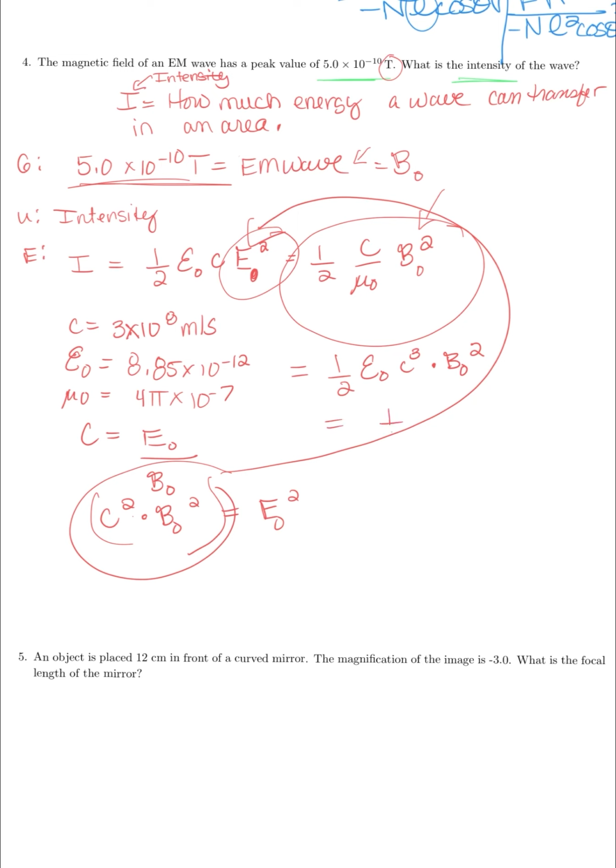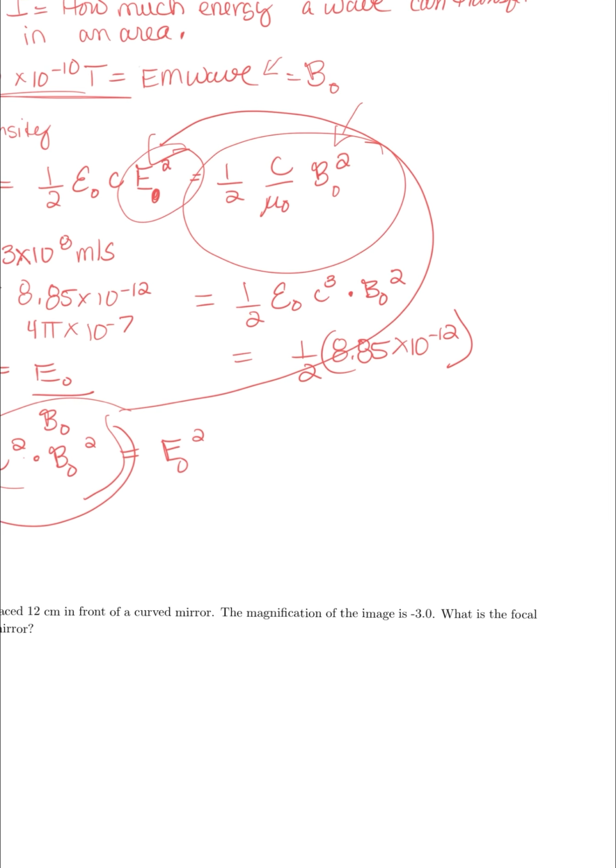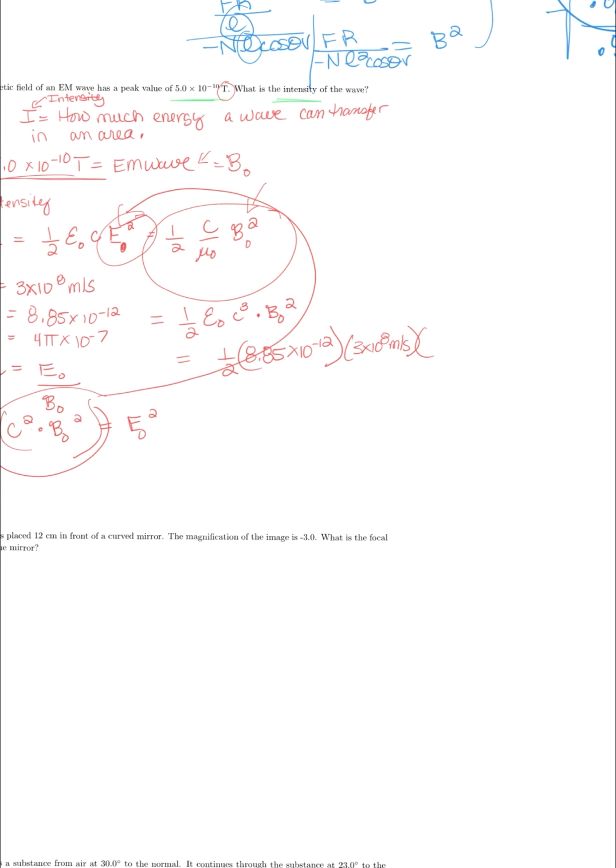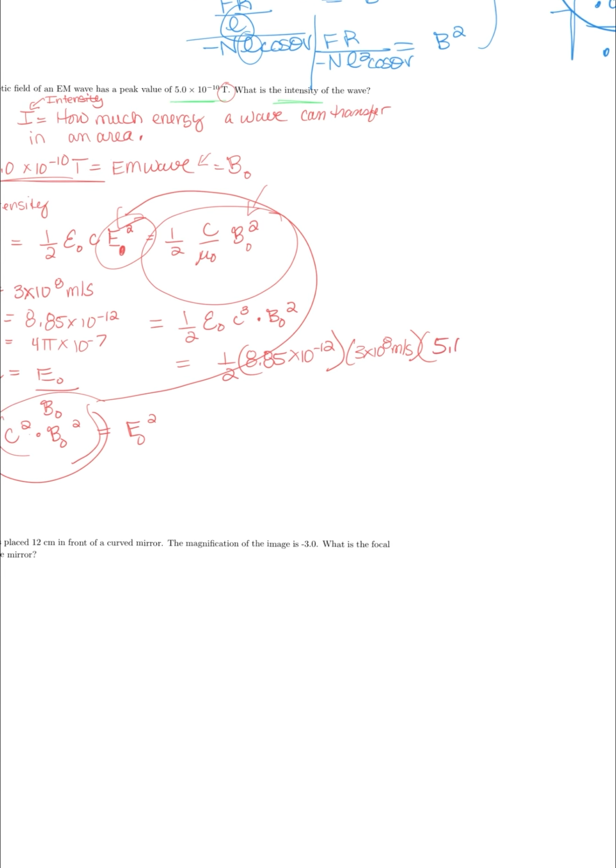So let's do that. We have 1/2 epsilon naught, 8.85 times 10 to the minus 12, times C cubed, which is 3 times 10 to the 8 meters per second, cubed, times our magnetic field, 5 times 10 to the minus 10 Teslas, squared.